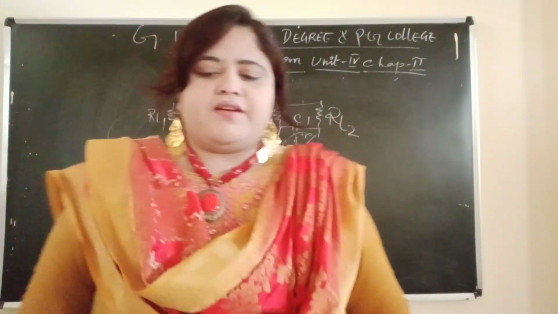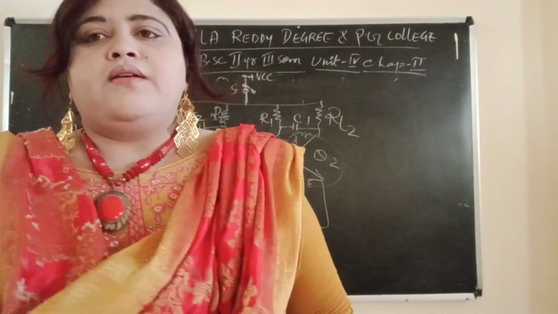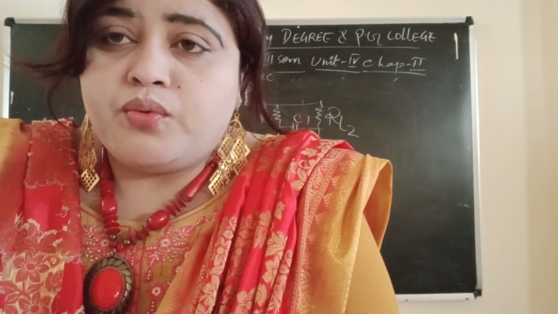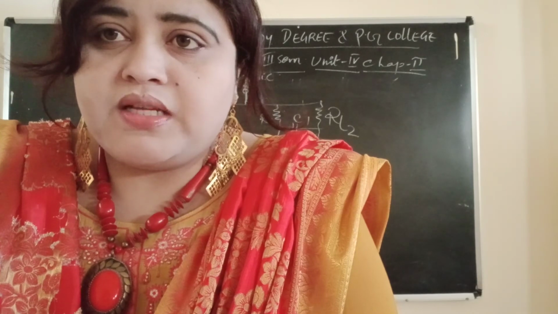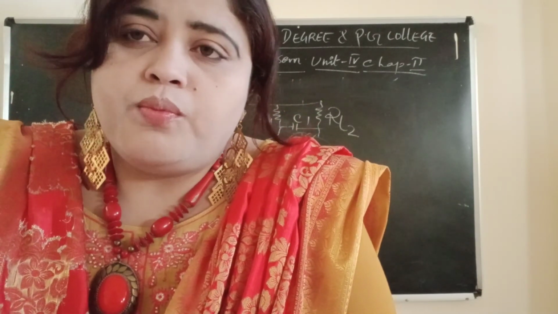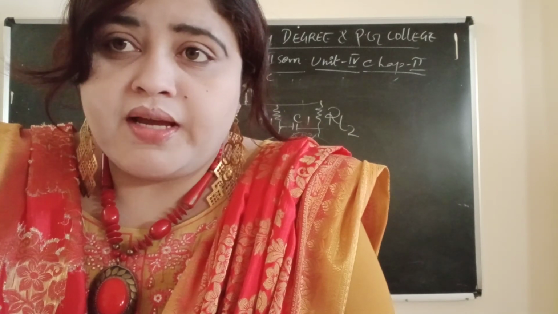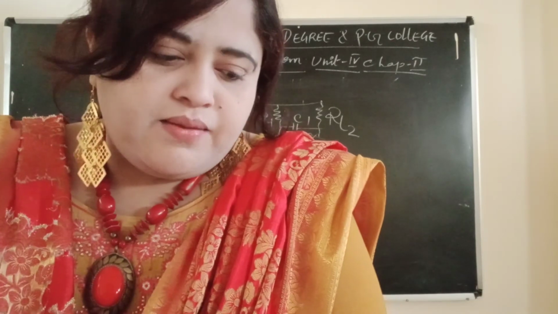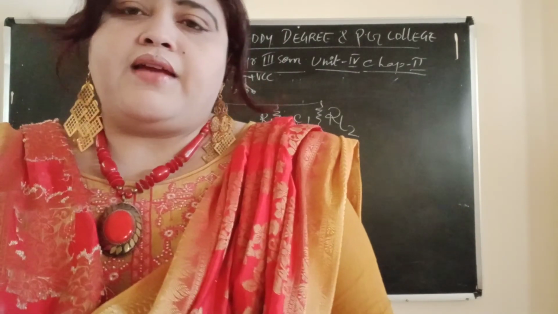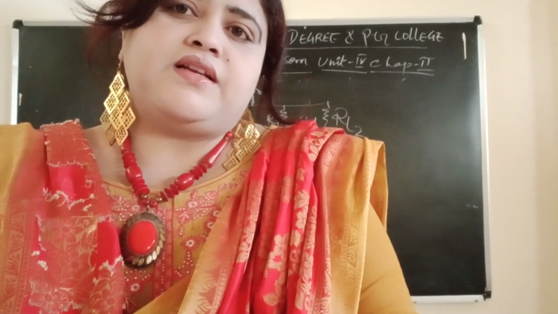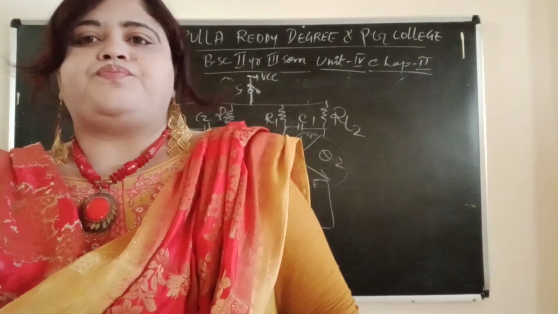An astable multivibrator circuit diagram is shown in the figure. It consists of two transistors, the first one is Q1 and the second one is Q2. Output of Q1 is going as an input to the second transistor Q2 with the help of resistor R2 and C2.